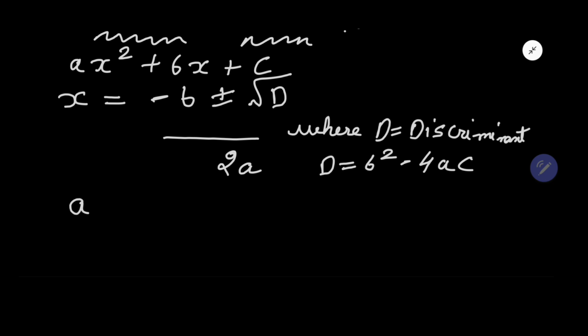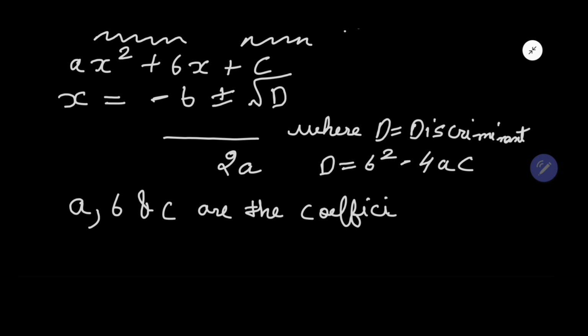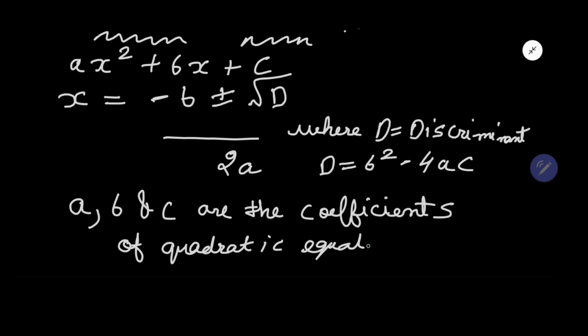And here a, b and c are the coefficients of the quadratic equation, which is written as ax square plus bx plus c. So this is the general formula which we will apply to every quadratic equation to find the roots.